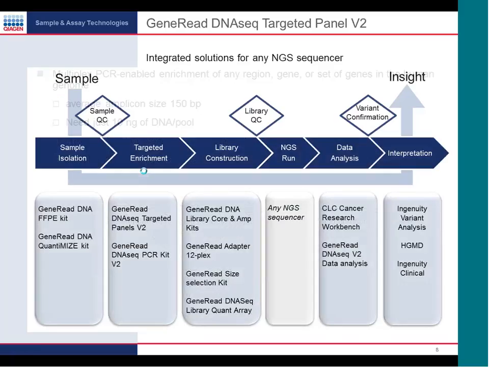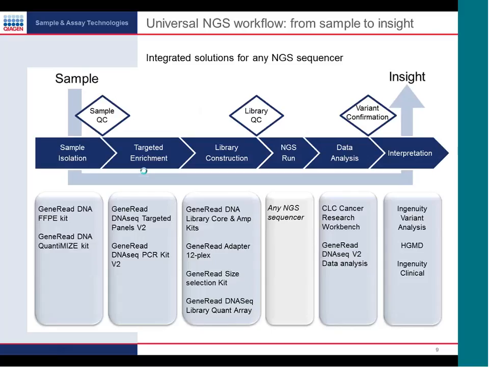Most importantly, these gene panels come as an integrated part of the whole standardized workflow from sample to insight from QIAGEN, which has an integrated data analysis part. We have CLC Cancer Workbench, as well as data interpretation from Ingenuity Variant Analysis, HGMD, and Ingenuity Clinicals.